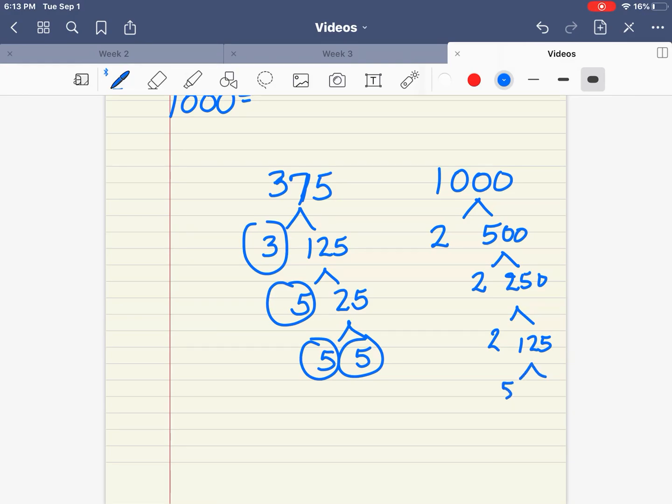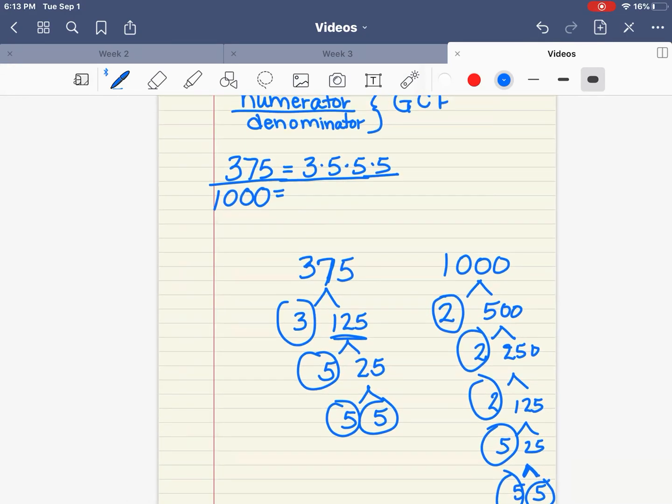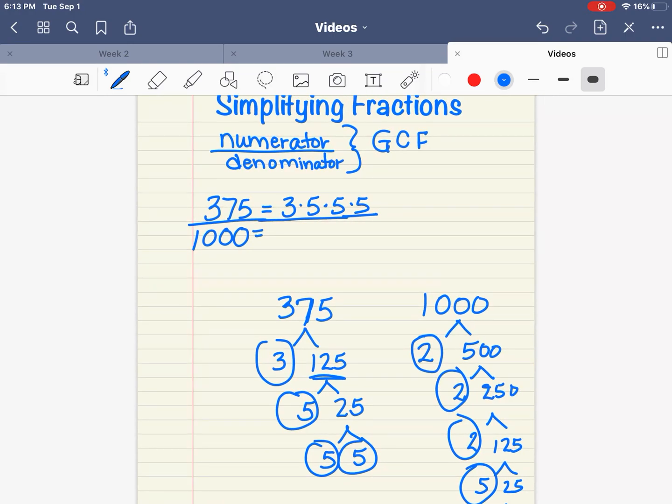And right here, I'm going to do the same thing I just did on 375, as I'm going to get the same answer. Now, the prime factorization of 1,000 is 2 times 2 times 2 times 5 times 5 times 5.